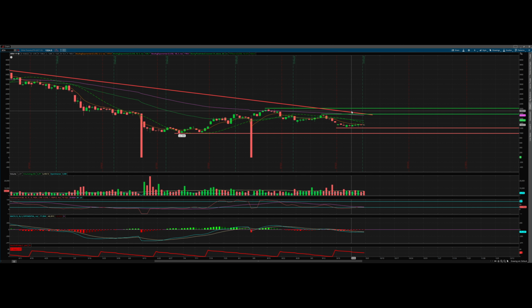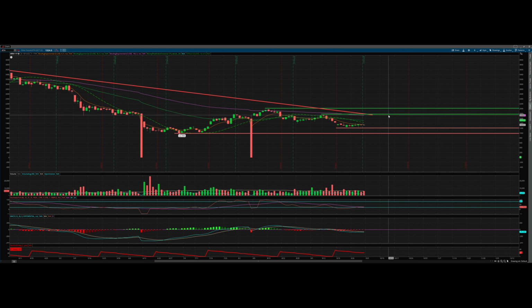The front side of this trend line is resistance, and the back side of that will be support. So if price were to break up and go back above this line, the trend line becomes support as well as the price line here.